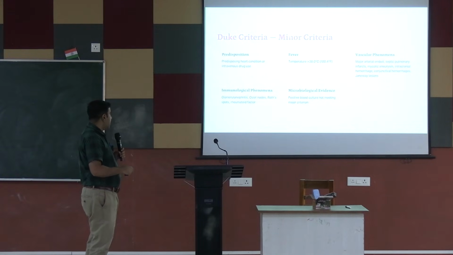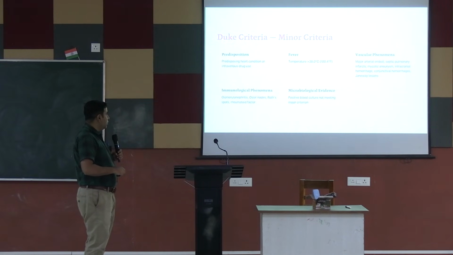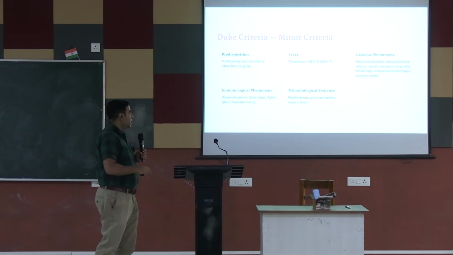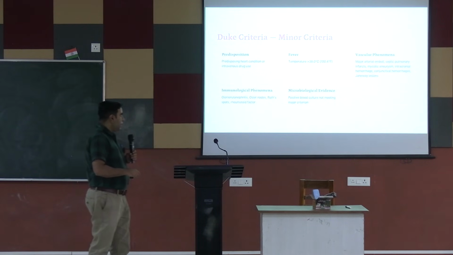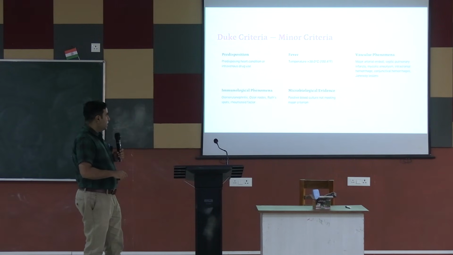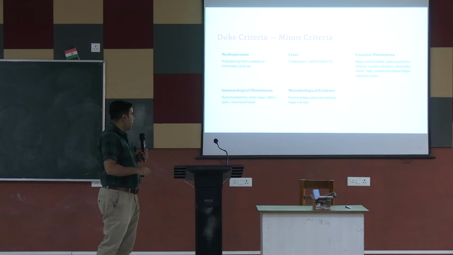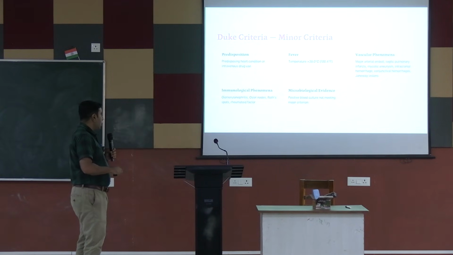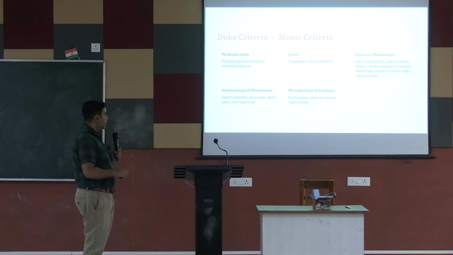Then come the minor criteria: predisposing heart condition or intravenous drug use, fever, vascular phenomena as I was discussing, like major arterial emboli, septic pulmonary infarct, conjunctival hemorrhages, Janeway lesions, intracranial hemorrhages, immunological phenomena, Osler's nodes, Roth spots, and rheumatoid factor positive and glomerulonephritis. These all are minor criteria. And microbiological evidence: positive blood culture not meeting the major criterion.